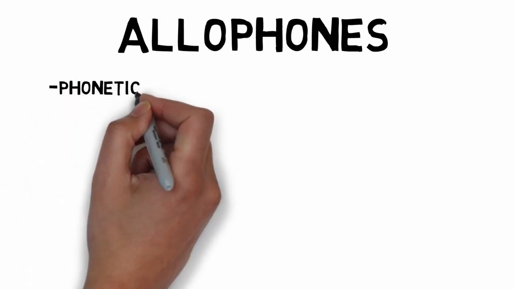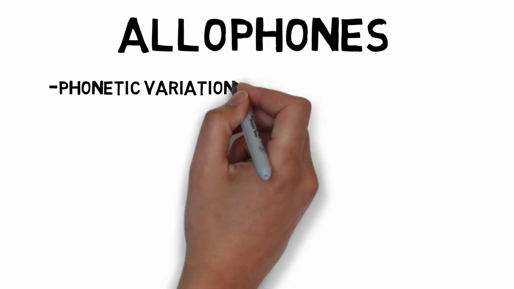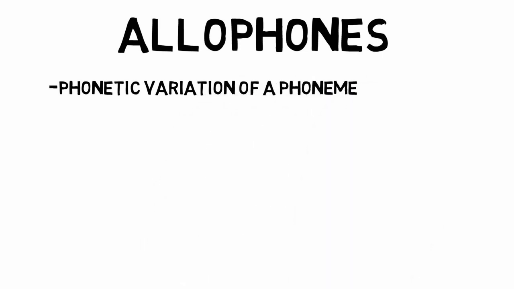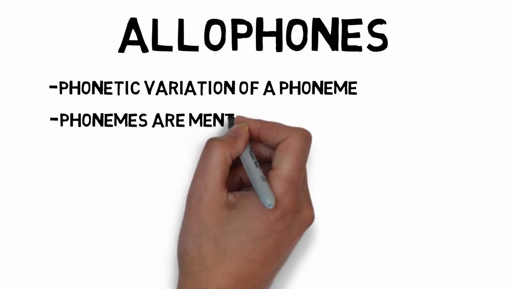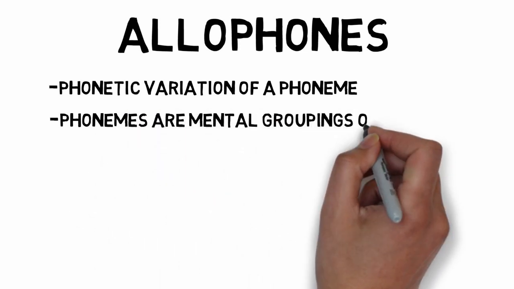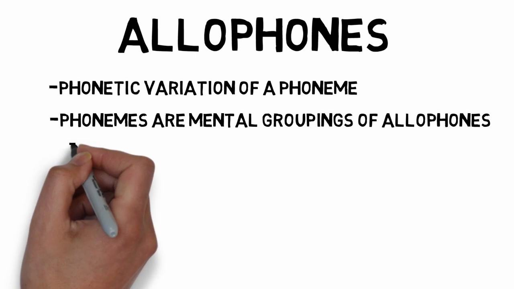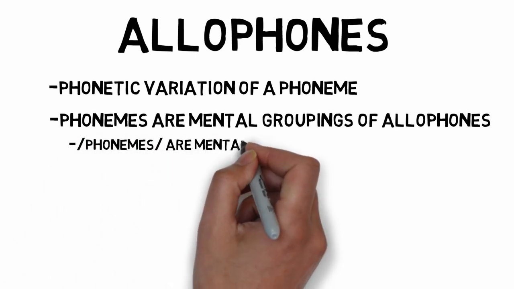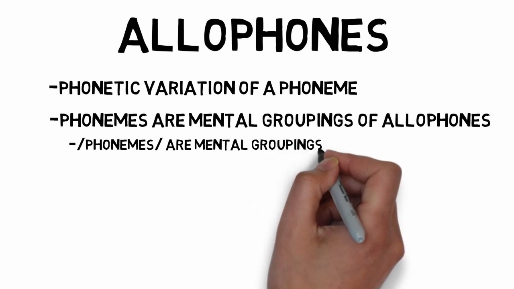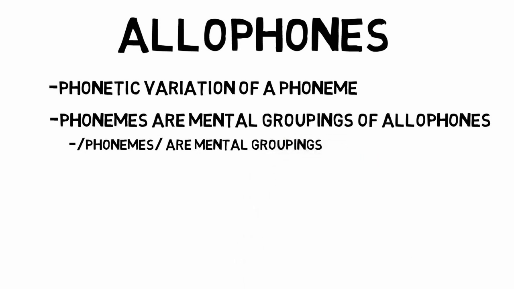Allophones can be defined as phonetic variations of a single phoneme. Put another way, phonemes are mental groupings of allophones. A phoneme is always spoken about with slashes because we are not talking about precise instances of the sound.